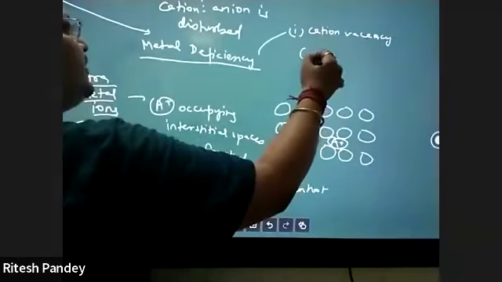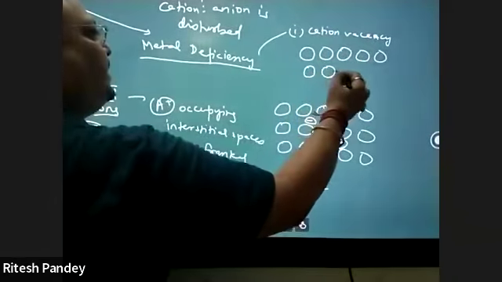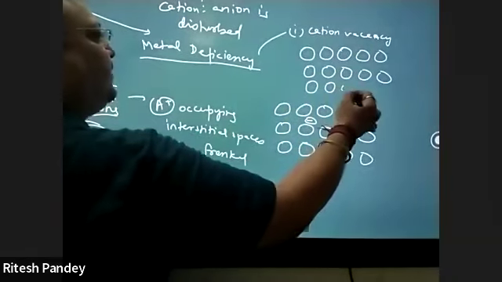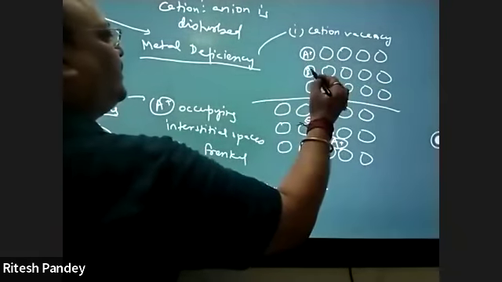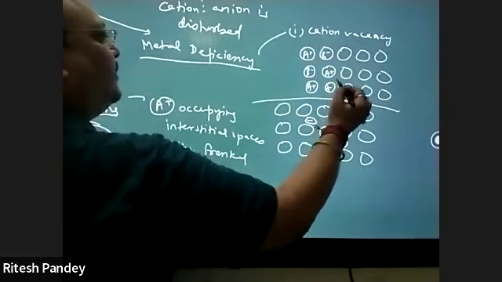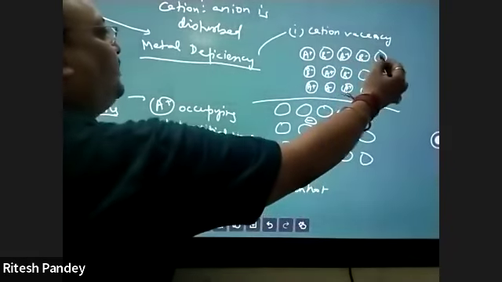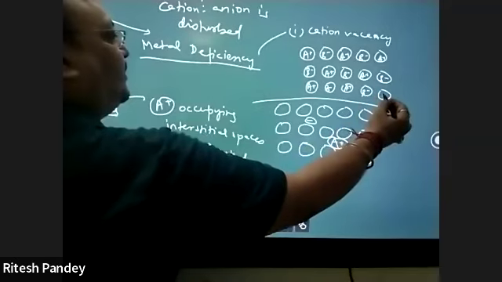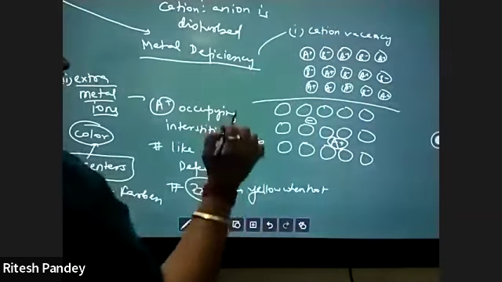So if you have A plus B minus, A plus B minus, A plus B minus, equal number of particles are not missing. Had it been equal number of particles missing, stoichiometry would not be disturbed and it would be Schottky defect. Equal number of particles are not missing. What's missing is a cation.